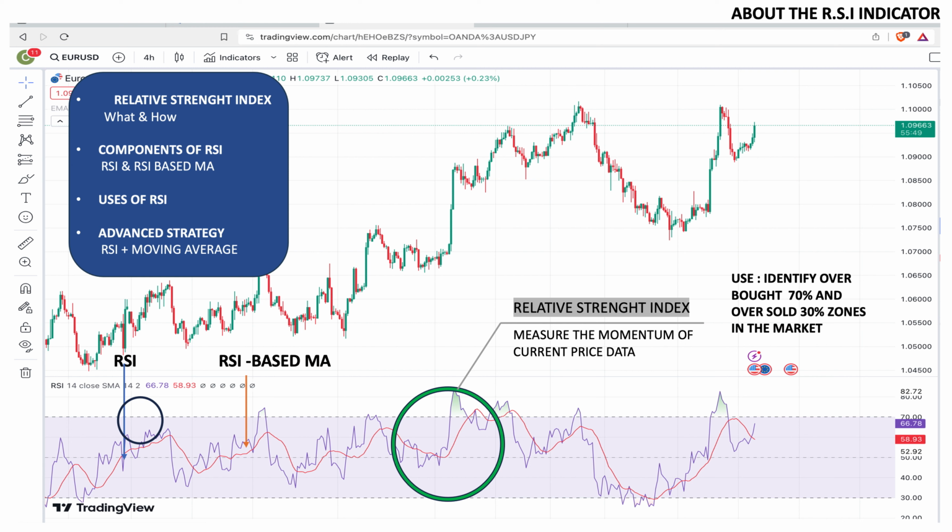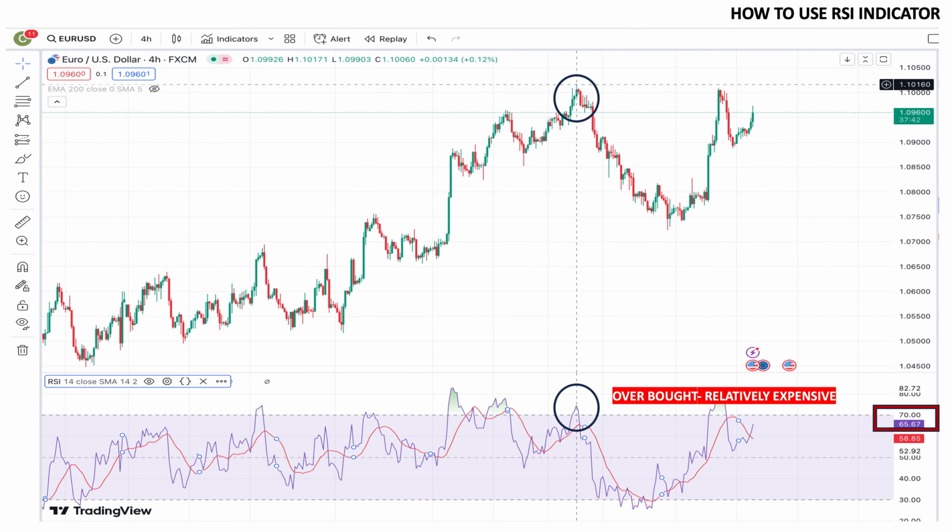So how is an RSI used? It helps identify overbought areas, which is on a 70 position or 70%, and an oversold area, which is on a 30 position or 30% zone in the market. Here we're going to explain how to use the RSI indicator.